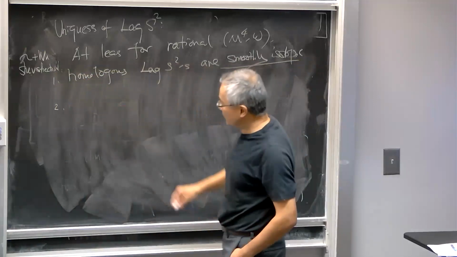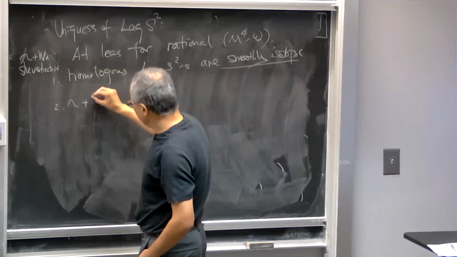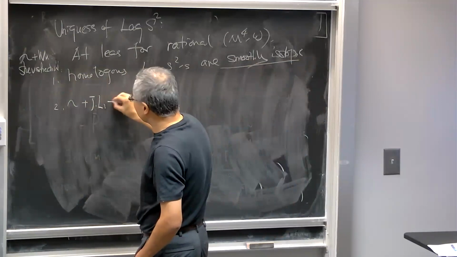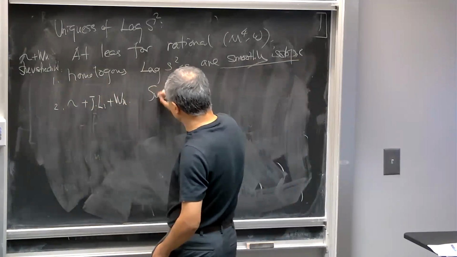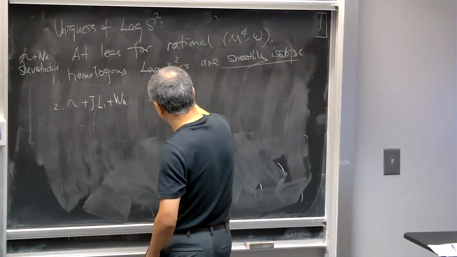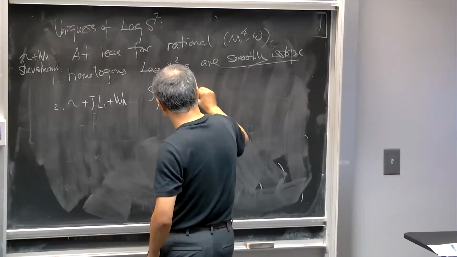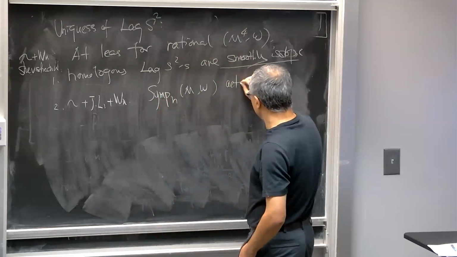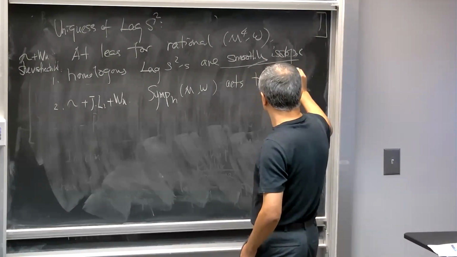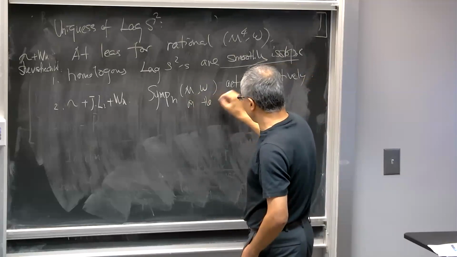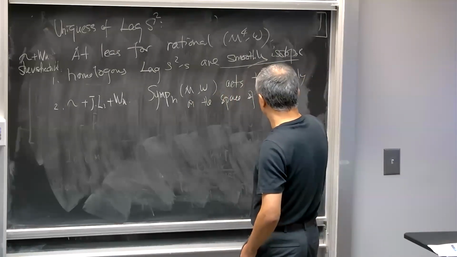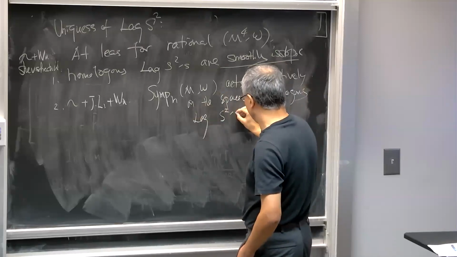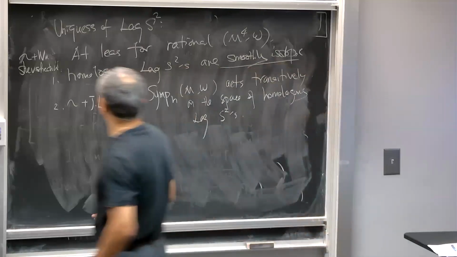The second statement, which I proved with Jun Li, not the great geometer, but a student, is that the homologically trivial part of the symplectic diffeomorphism group, again for rational four manifolds, acts transitively on the space of homologous Lagrangian spheres.